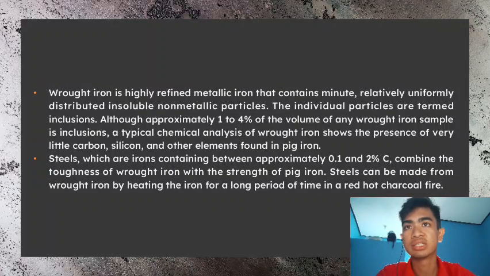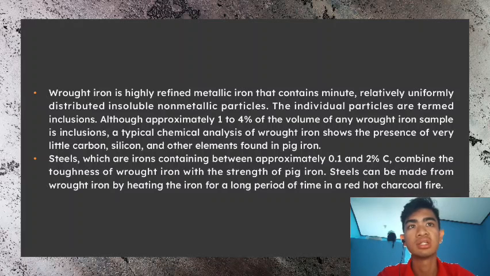Wrought iron is a highly refined metallic iron that contains relatively uniformly distributed, insoluble, non-metallic particles. The individual particles are termed inclusions, making up approximately 1 to 4% of the volume of any wrought iron sample.